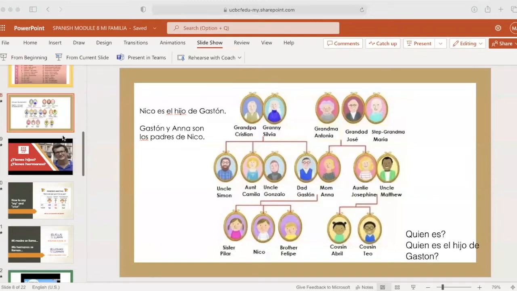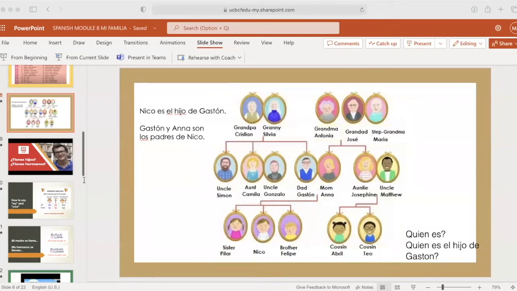Okay. Abril es la hija de Josefín. Correct. Abril es la prima de Nico. La prima de Nico, correct. Camila es la tía de Abril. Where's Camila? Camila es la tía de Abril. Muy bien.